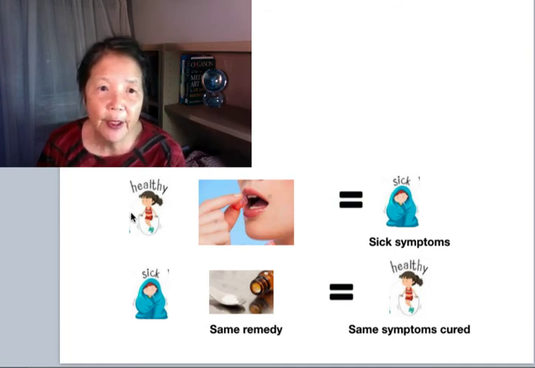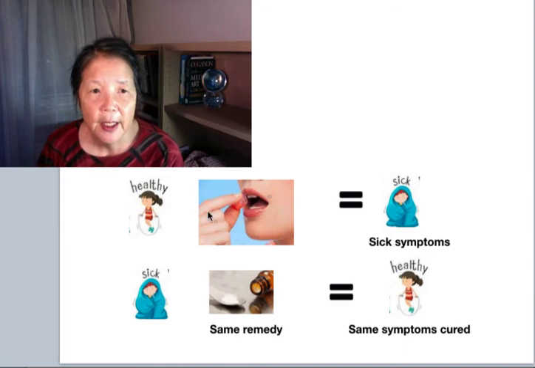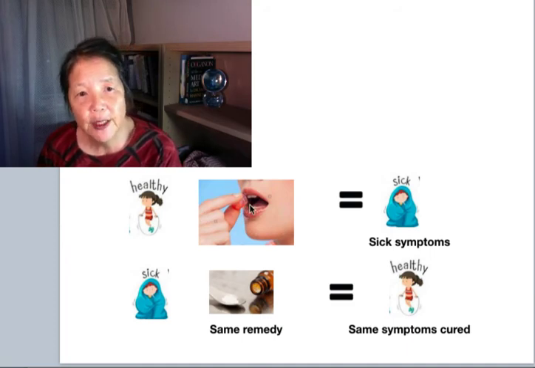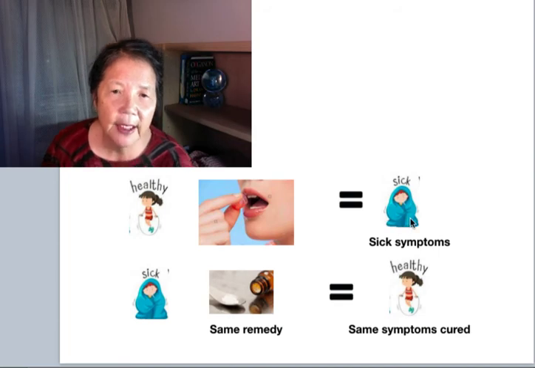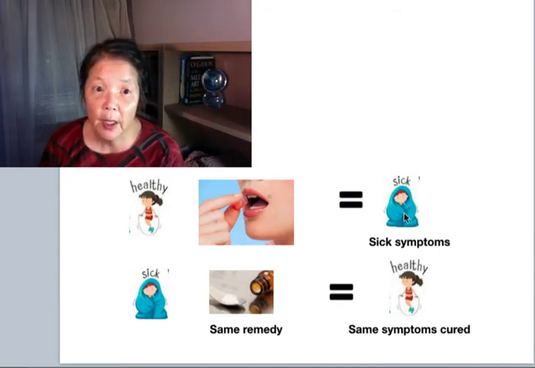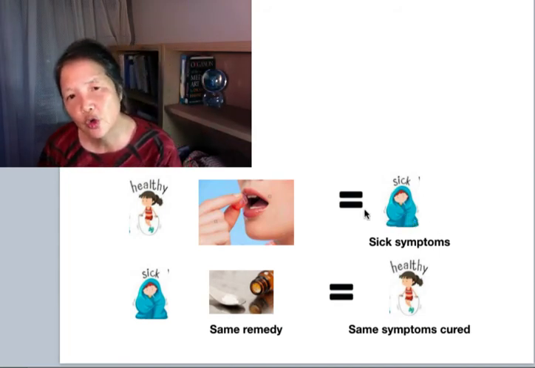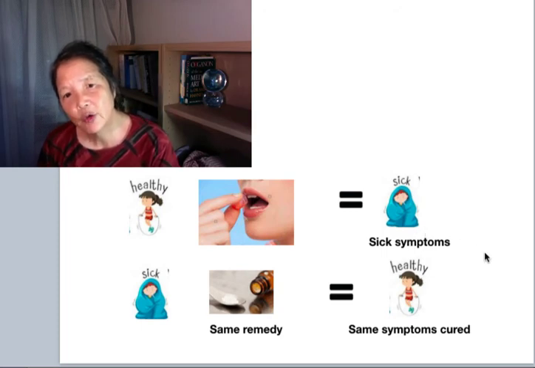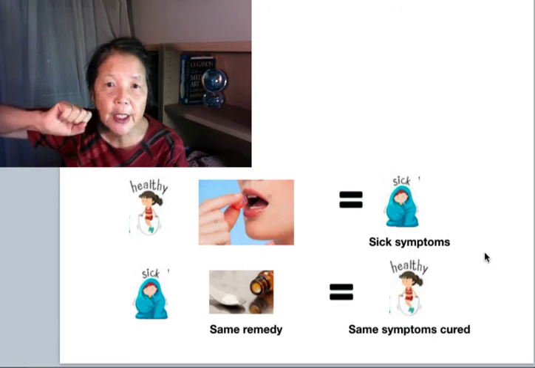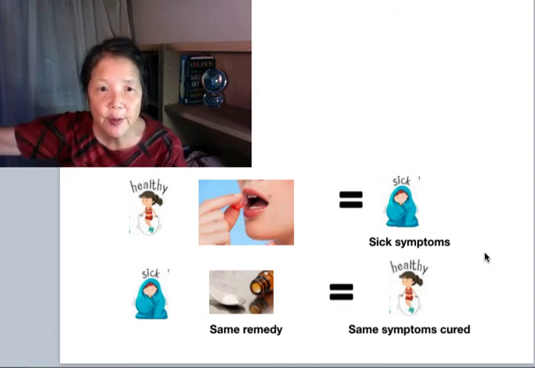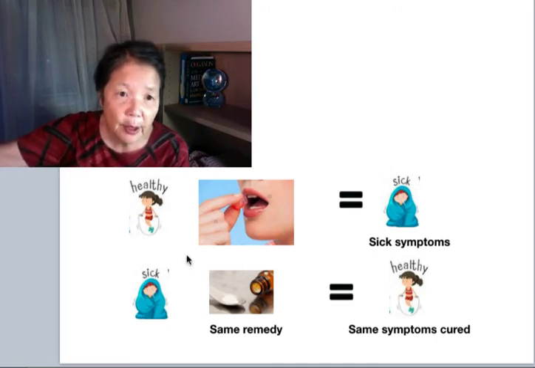Basically, you have a healthy person, and that healthy person takes a remedy, and they get certain symptoms. This is usually done in a school or some kind of group situation where students volunteer to take a remedy to find out what kind of symptoms will be produced by that remedy.